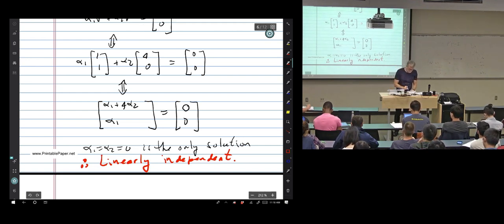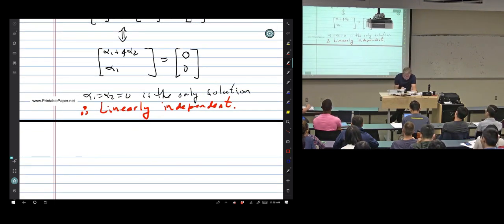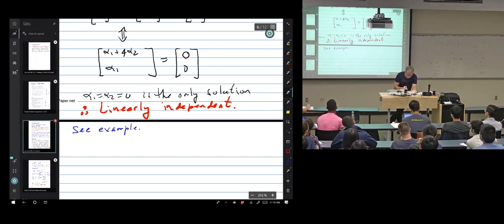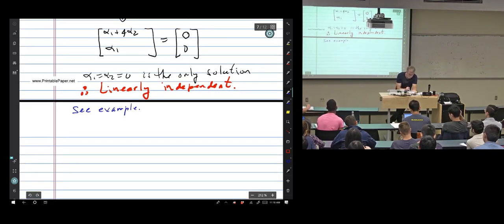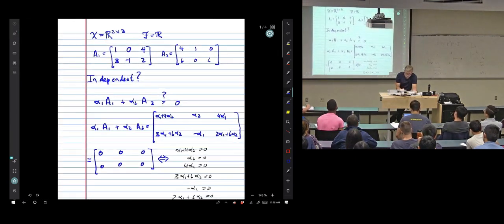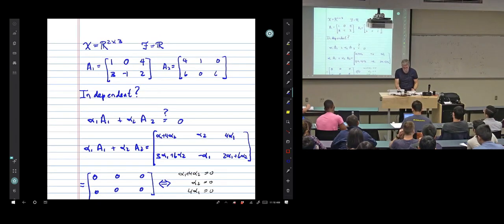Let's do another example. I've got it written out, so just write in your notes. I'll insert this into the notes and you can copy it into yours. I didn't want us to spend time copying it down because it's the same thing, just on a little bit bigger scale.